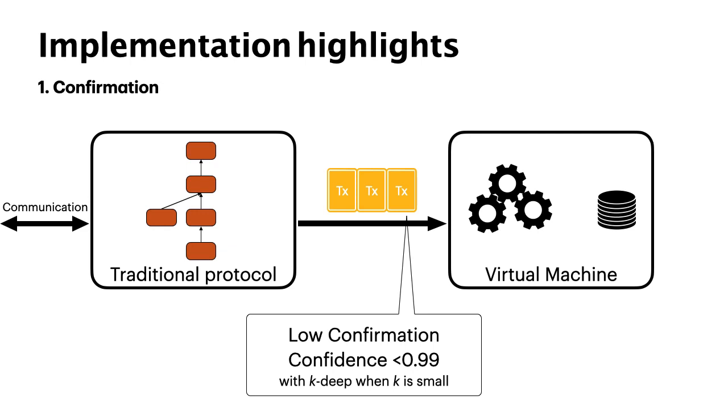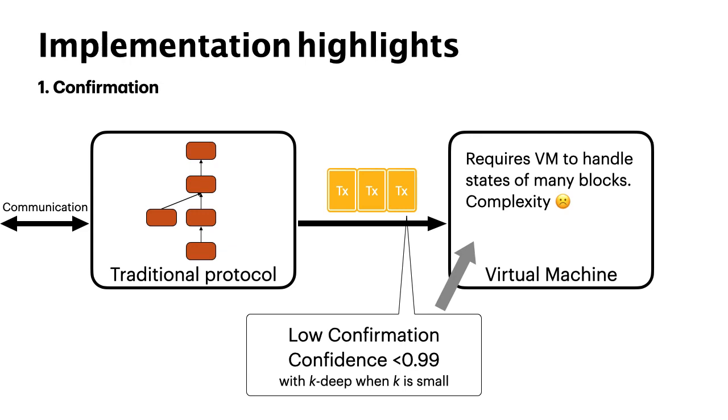Hence, there's not much we can do for the longest chain protocol. We have to live with this low confidence. As a result, the VM has to handle many states of many blocks at the same time, which adds complexity to the implementation.